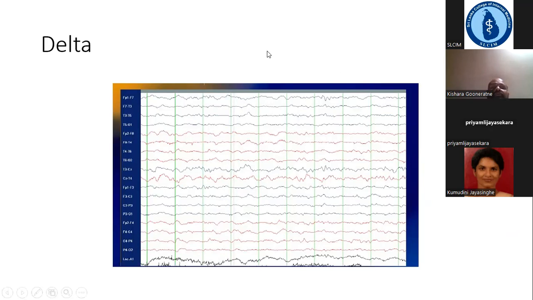If you count the waveforms, you can see that most of it is between 1 to 3 Hertz, which is generally delta activity seen on the EEG. So this is an example where the background has delta activity. We'll talk about whether it's abnormal or normal.